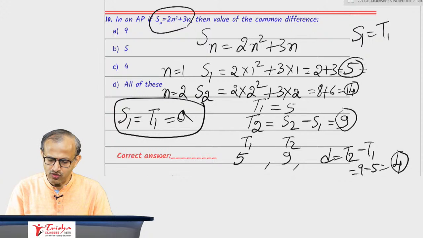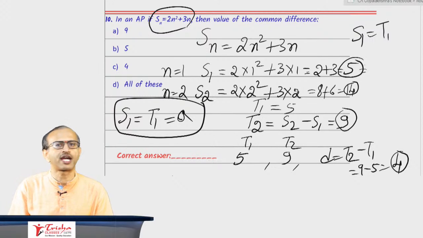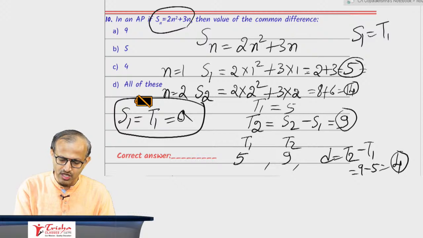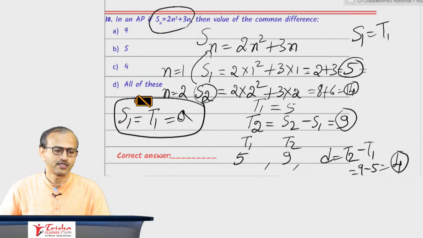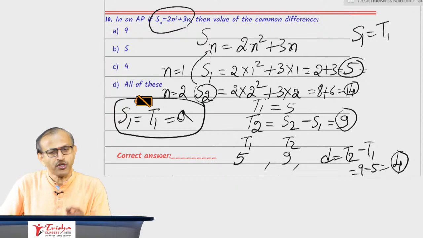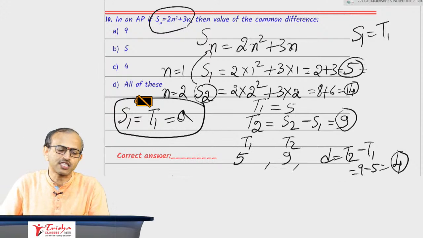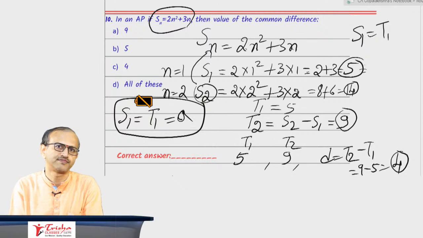What about S2? S2 and T2 are not the same. How do you get S2? You just substitute. S2 means substitute 2 into 2 square plus 3 into 2. Go on, solve it, you get 14. Is it clear, Abdullah? Just put n is equal to 2 in that, you will get 14. S2 means the first term and second term put together, 14.